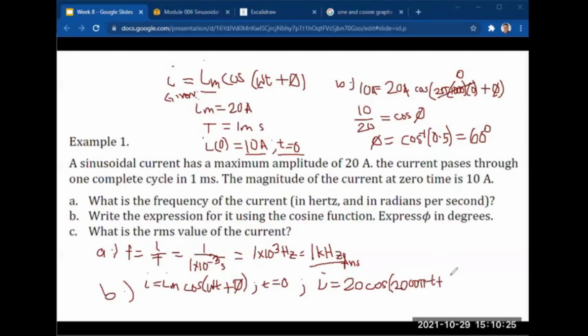Phi is 60 degrees. Amperes. So this will be our I.